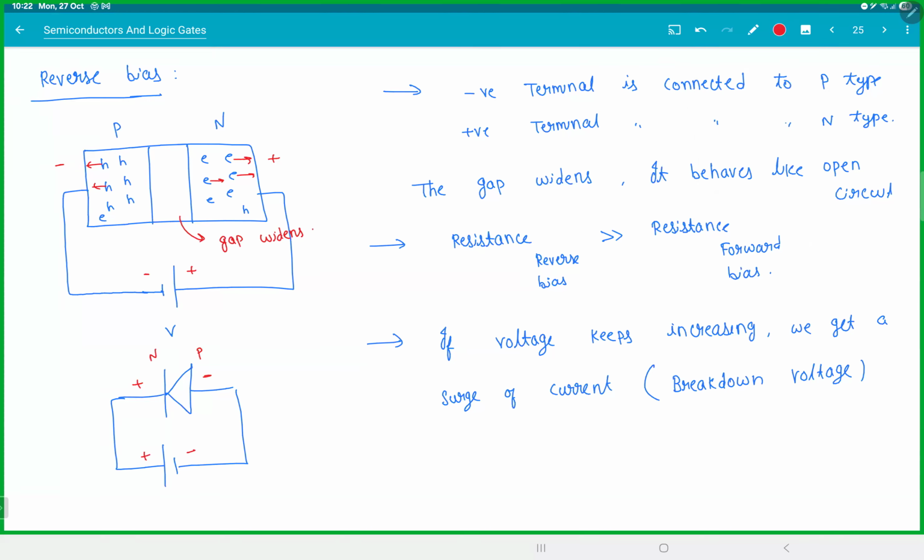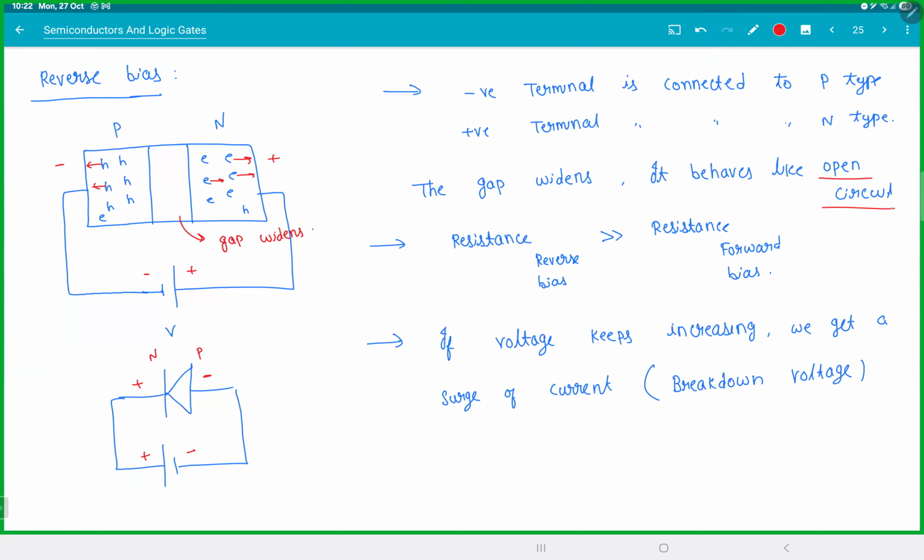You're giving the negative terminal to the holes and the positive terminal to the electrons. The electrons will get attracted towards the positive terminal, holes towards the negative terminal. So both are being pulled apart, and the forbidden gap will increase further. If the forbidden gap increases, it will not let current flow. So it behaves like an open circuit.